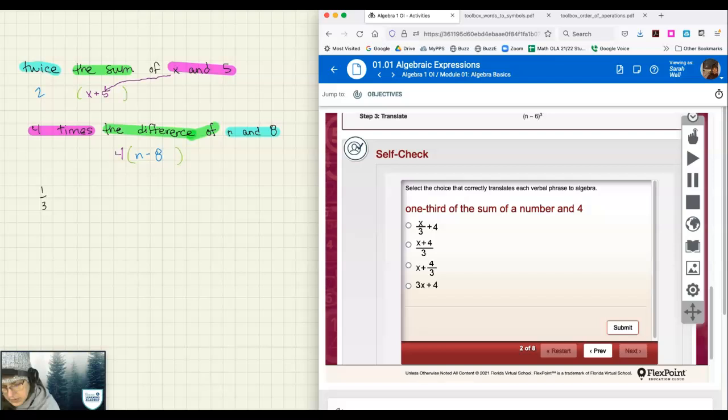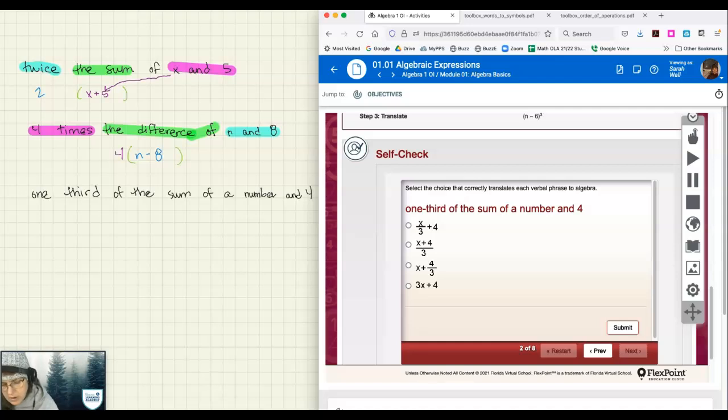1/3. Oops. I'm writing this out. 1/3 of the sum of a number and 4.